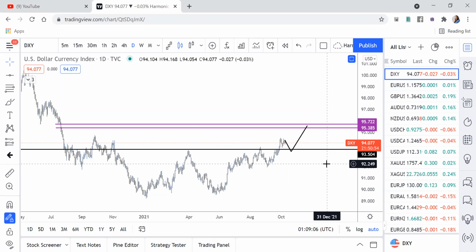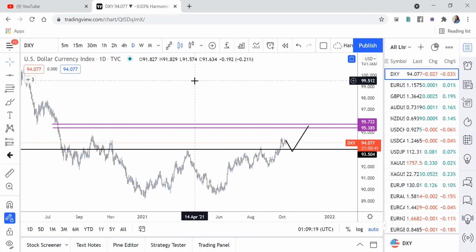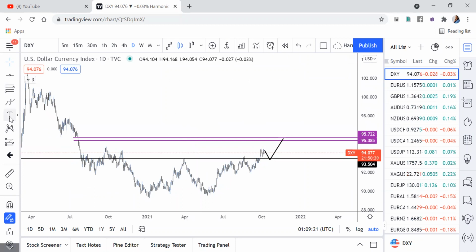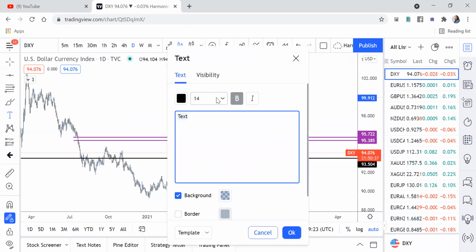So if I'm looking for the DXY to do long-term buys, I'm looking for EU, GU, AU, and NU to do long-term sells. So I'm gonna just put it here.